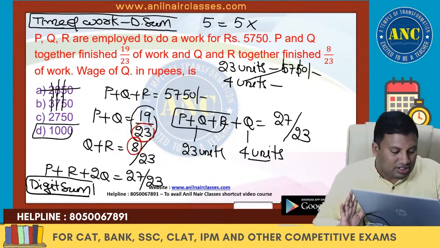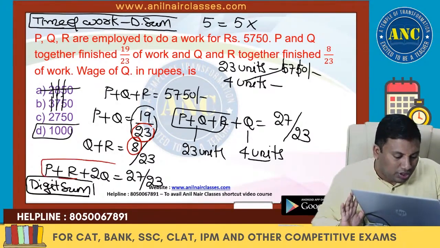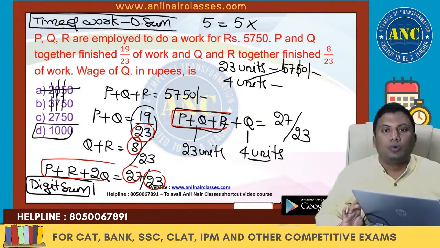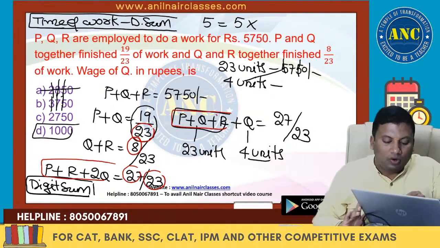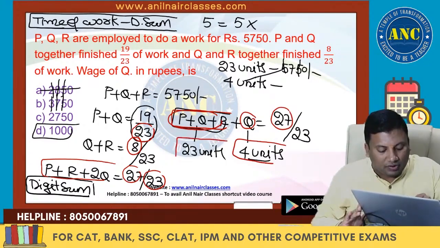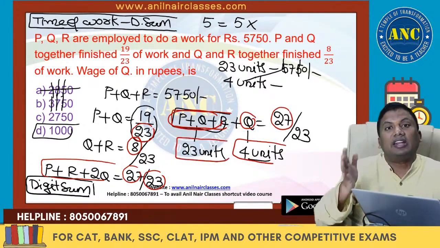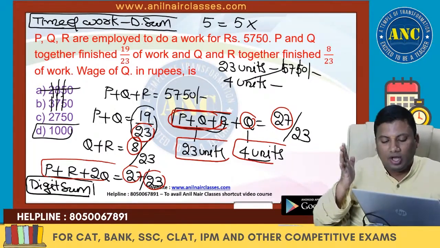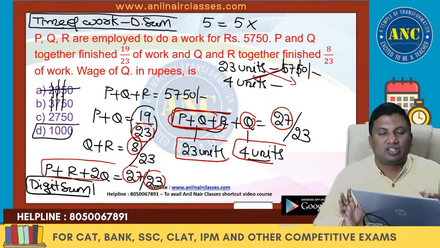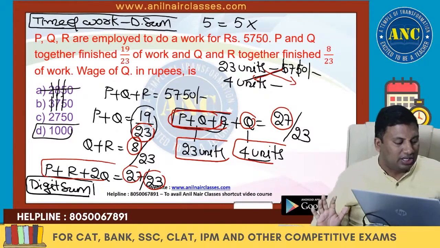If I add this, P plus R plus 2Q, it is 27 by 23. This can be written as P plus Q plus R plus Q. Out of 23 units, I got 27. That means Q will do 4 units. If they work 23 units, they will get the salary 5750. To do 4 units, how much? Again cross multiplication, digital sum. Idea is clear, right?